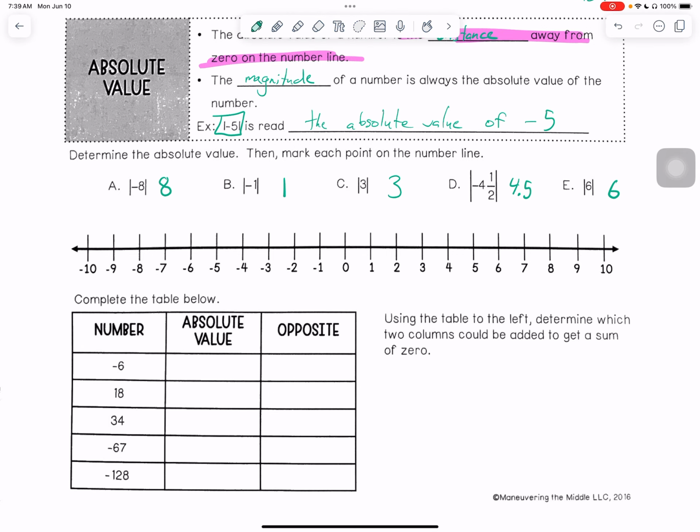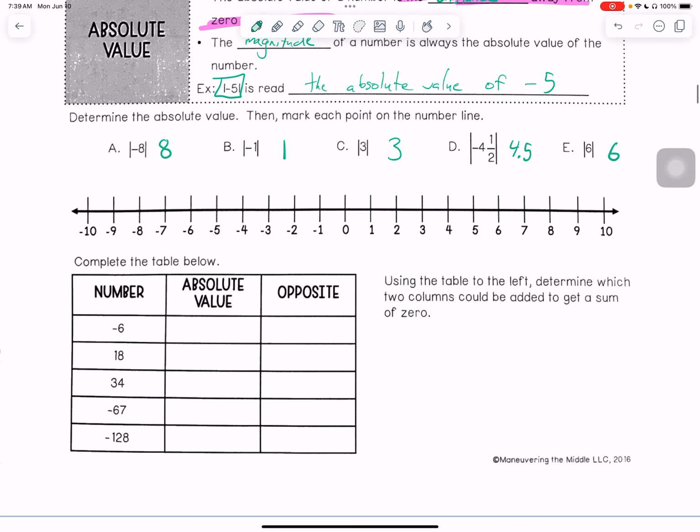Okay, so I want you to take a couple minutes here and look at these bottom problems. Using this table to the left, can you determine which two columns could be added to get a sum of 0? So the absolute value or the opposite. The absolute value of -6 is 6, and the opposite of -6 is 6.